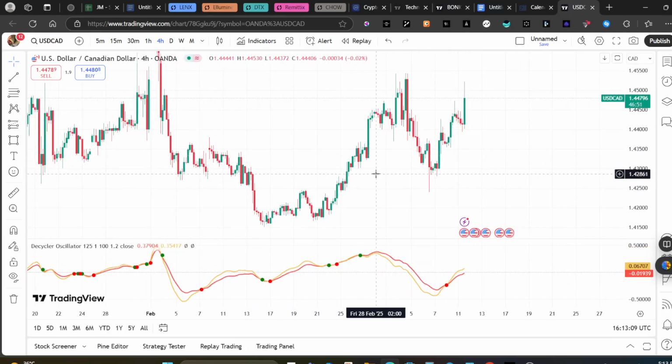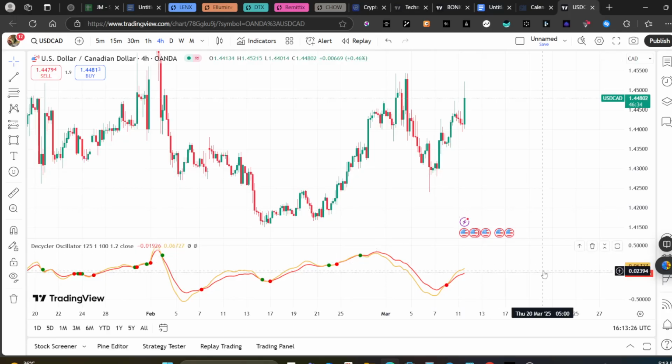What sets it apart from many other oscillators is its ability to smooth out price fluctuations and reduce the noise that often leads to false signals. It's a tool that allows you to focus on what matters more. All right?